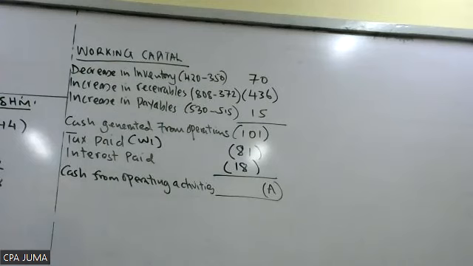Olivia is getting 200. Yeah, very possible. So it comes to negative 200.